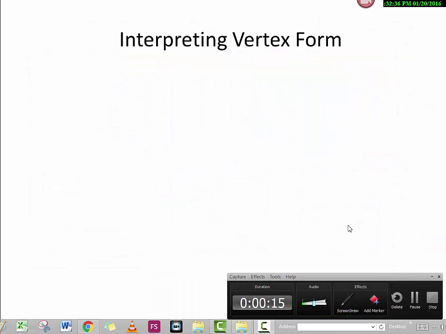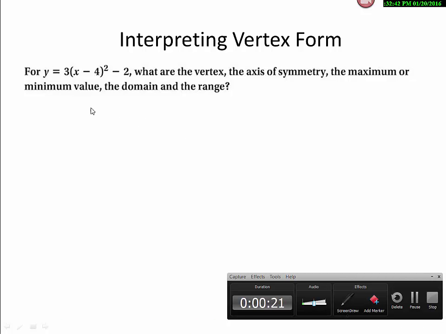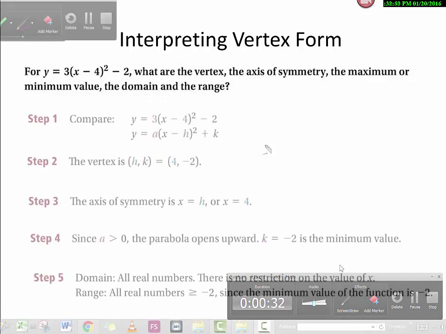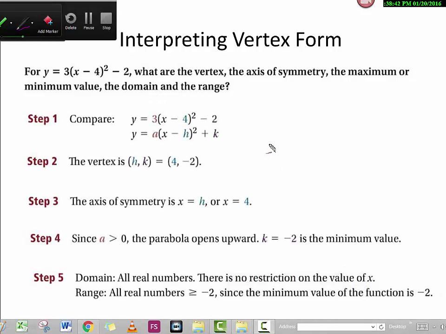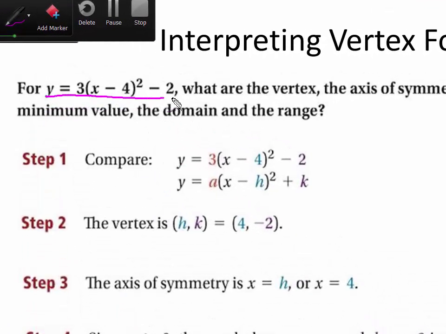Now let's learn how to interpret the vertex form of a quadratic equation. If you're given a quadratic function in this vertex form like this, what would be the vertex, axis of symmetry, the maximum or the minimum value, the domain and the range? The best way to answer this question is to sketch the graph of this equation.